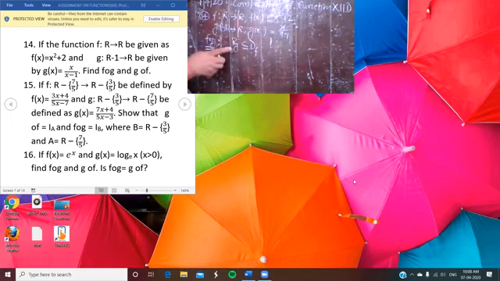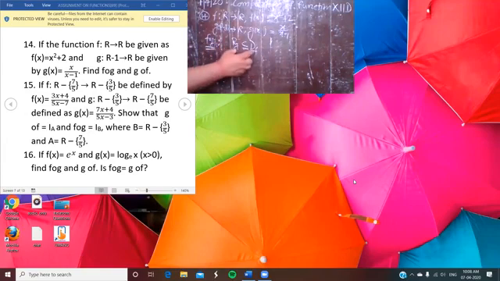So just think about that. If you are talking about the range of g and the domain of f, the domain of f is already given as real numbers, and the range of g also belongs to real numbers, but some of the values are not taken. So no doubt that the range belongs to the domain of f, so you can say that fog function exists.